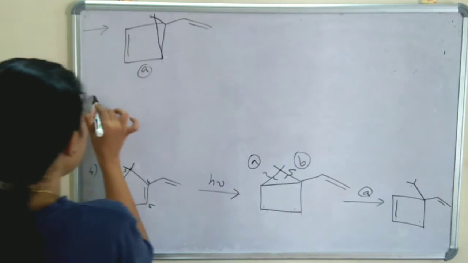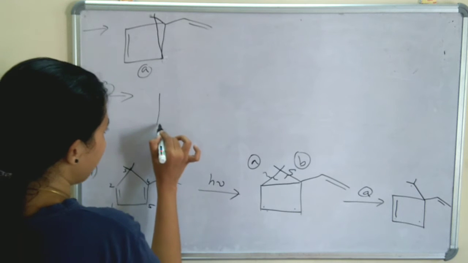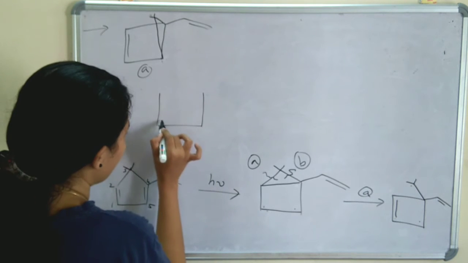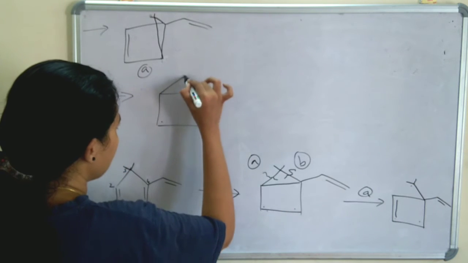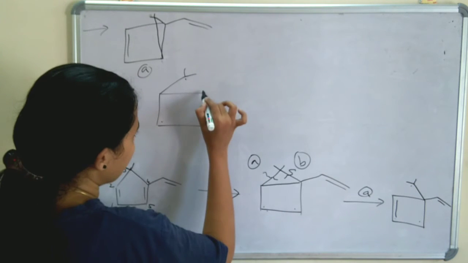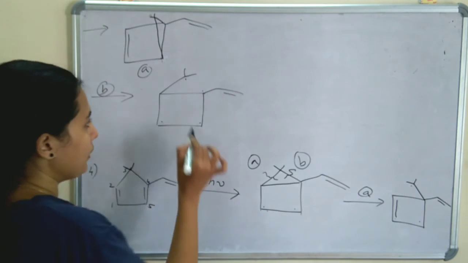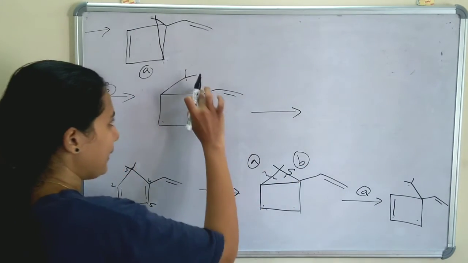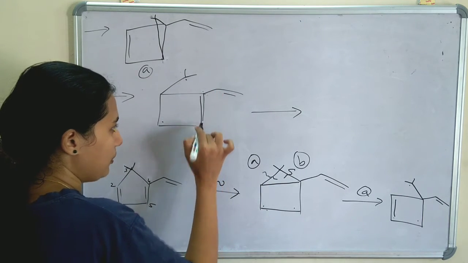Now we are doing B cleavage, from this side. So we will get here two radicals. So B is cleaving, so this will have a radical and here also a radical, then a double bond. Now what is the next step? We will connect these two and make a double bond.